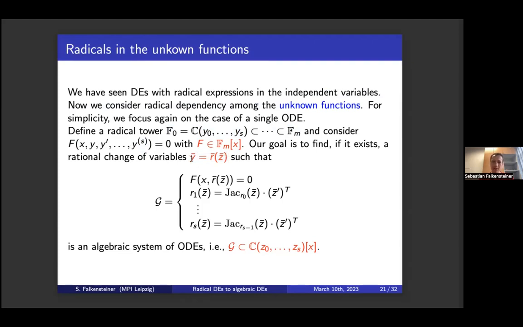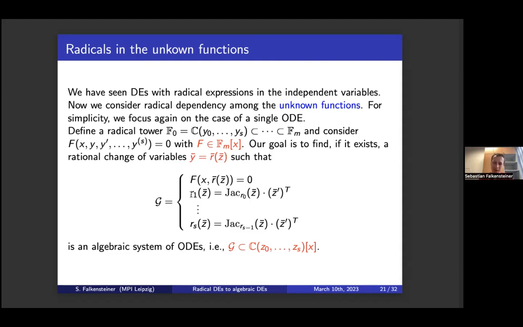So we want to replace y0 by some rational functions in z0 up to zs, y1 with a rational function in z0 up to zs, and so on. Which means we completely forget a priori about the differential relation, namely that the derivative of y0 is equal to y1, and so on.